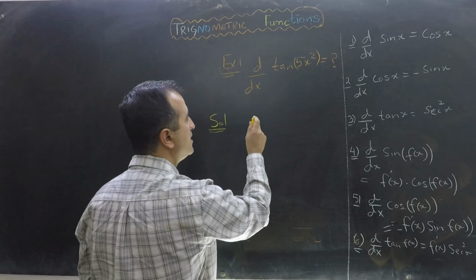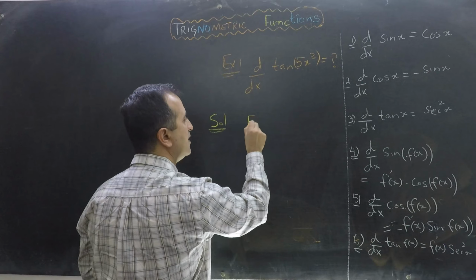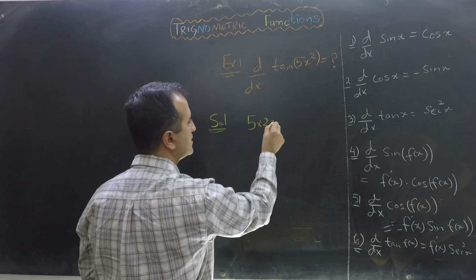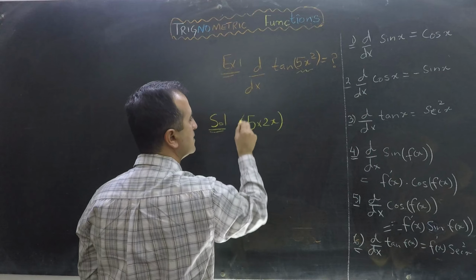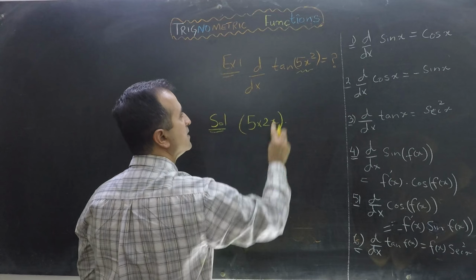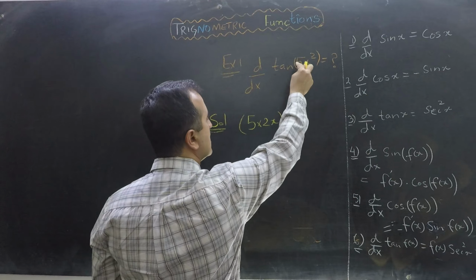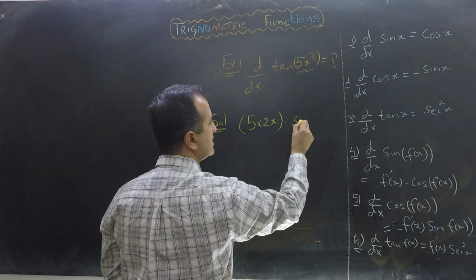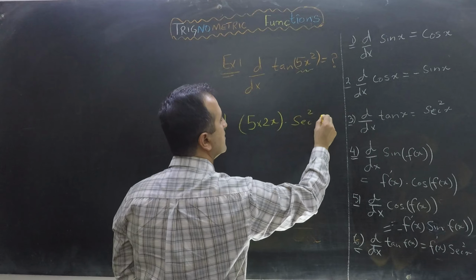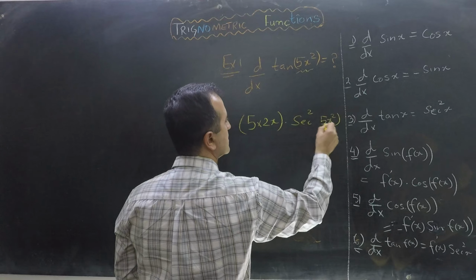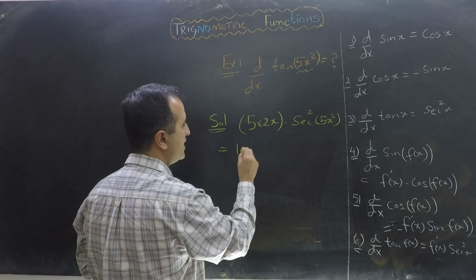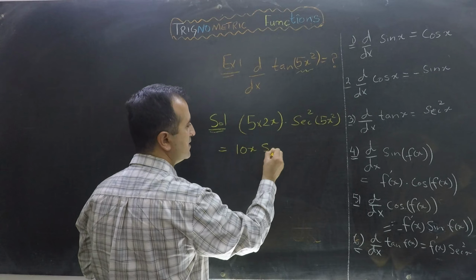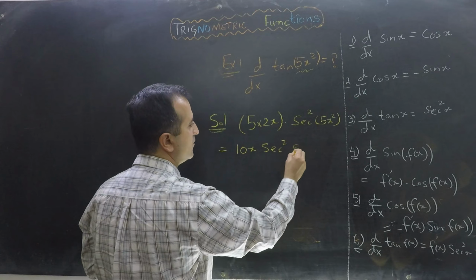So our result will be 5 times 2x, which is derivative of our function, times secant square 5x square. We simplify it, our result will be 10x secant square 5x square.